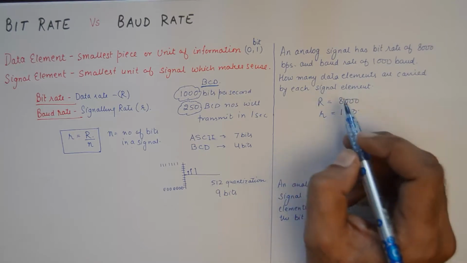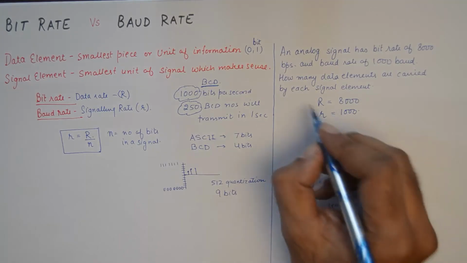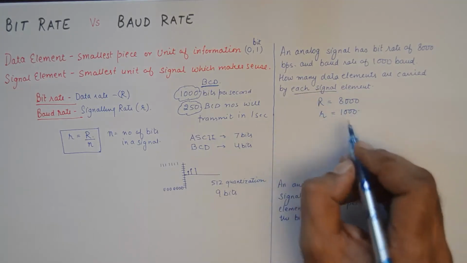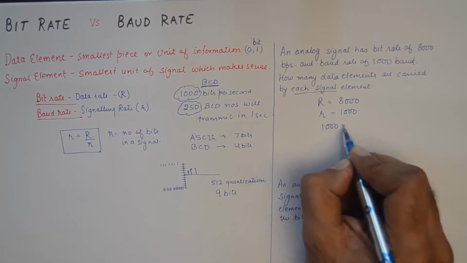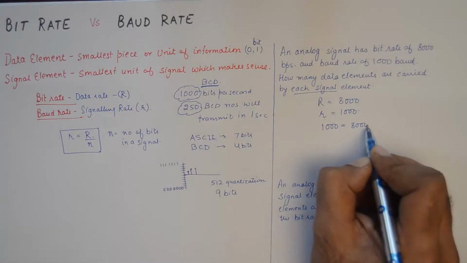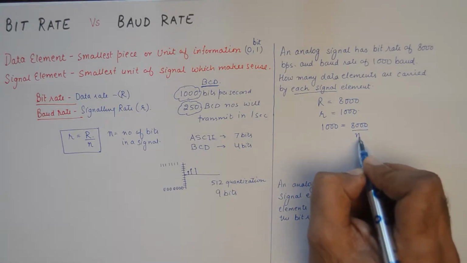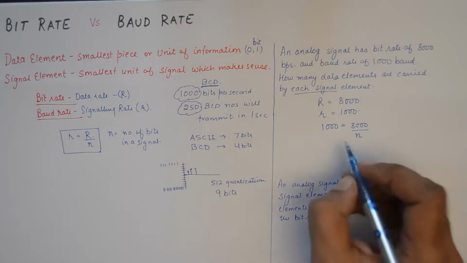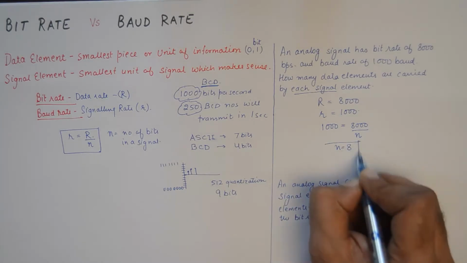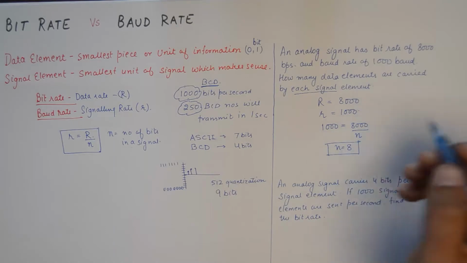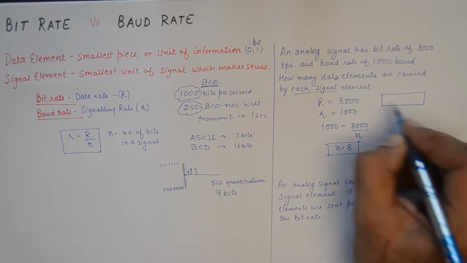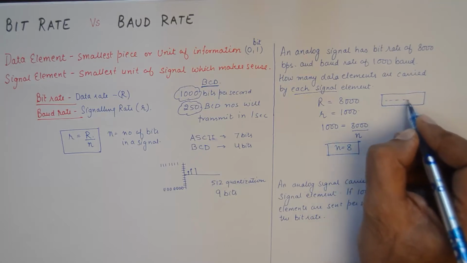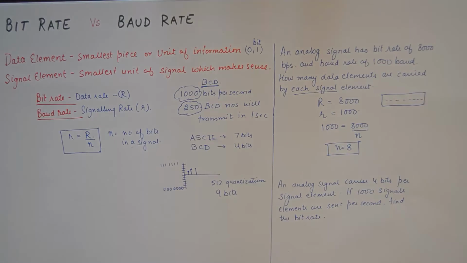We need to find how many data elements are carried by each signal. So we need to find n. The relation is 1000 is equivalent to 8000 by n, and from this formula, n becomes 8. So this is an example of one such signal which constitutes 8 bits to make one meaningful unit.